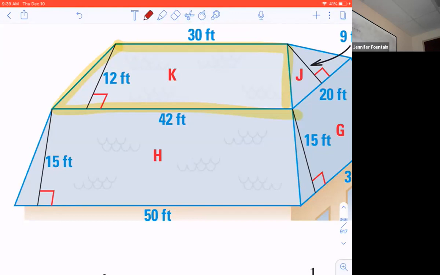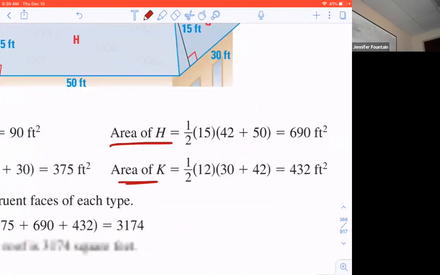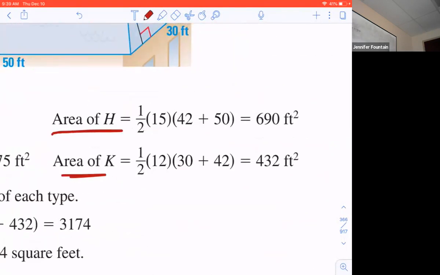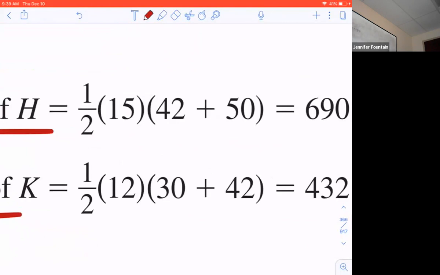What is my formula? 1/2 H times (B1 plus B2). I'm going to add B1 and B2. So 42 plus 50 is going to be what? 92.